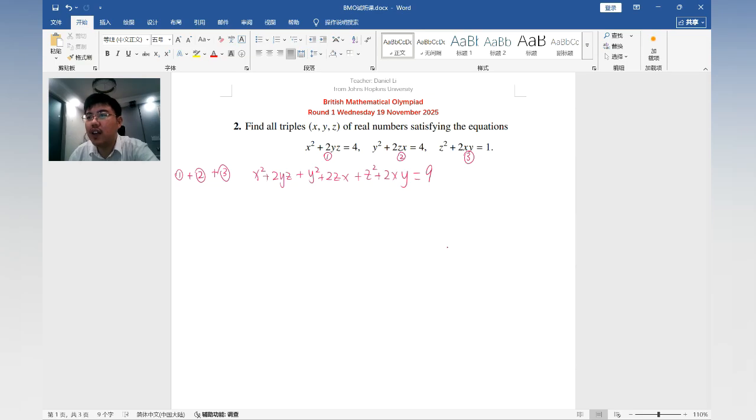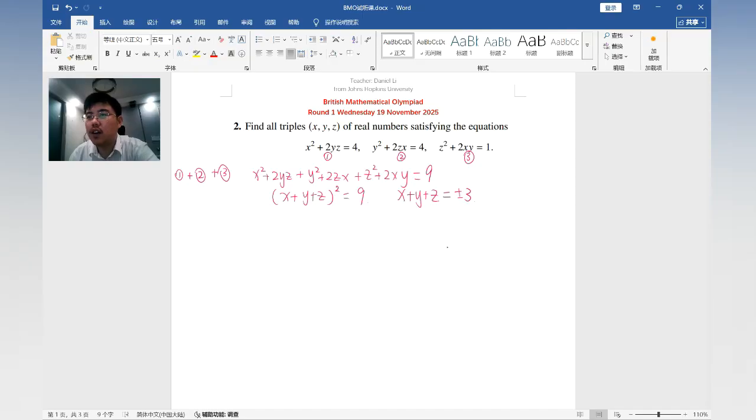So the left hand side is the sum of x, y, z squared equals to 9. So now we know x, y, z, the sum of the three is 3 or minus 3.